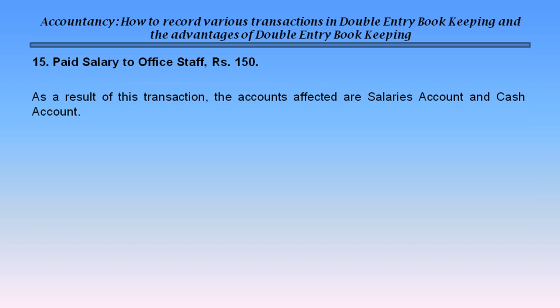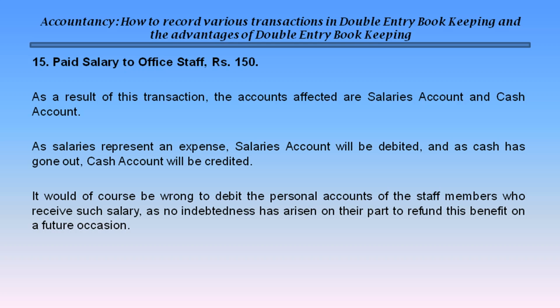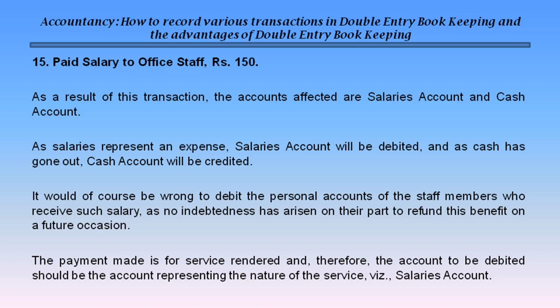Paid salary to office staff rupees 150. As a result of this transaction, the accounts affected are salaries account and cash account. As salaries represent an expense, salaries account will be debited, and as cash has gone out, cash account will be credited. It would of course be wrong to debit the personal accounts of the staff members who receive such salary, as no indebtedness has arisen on their part to refund his benefit on a future occasion.